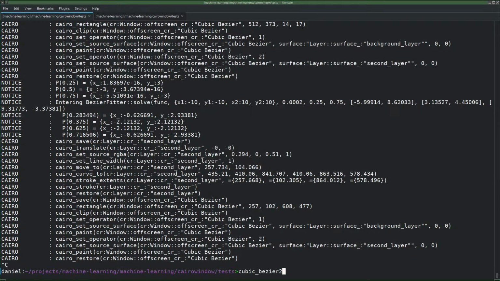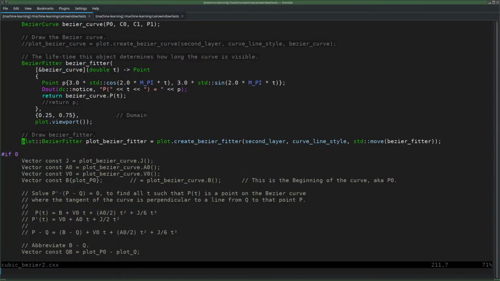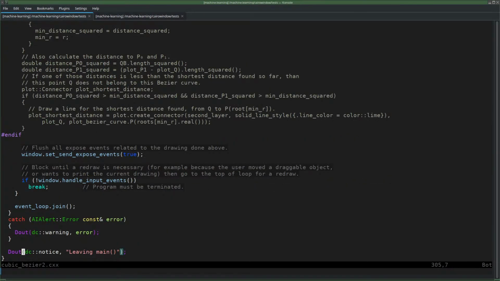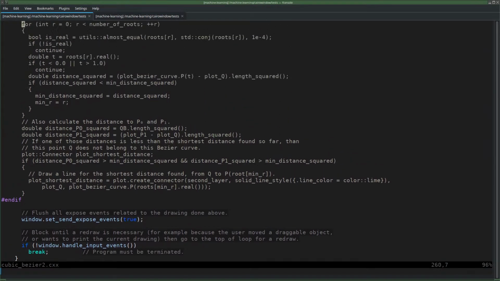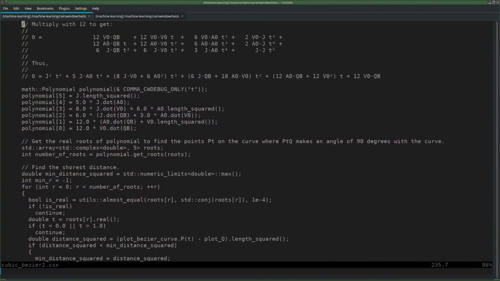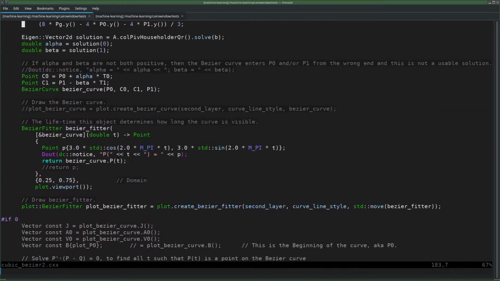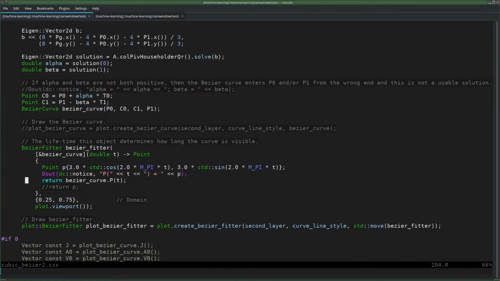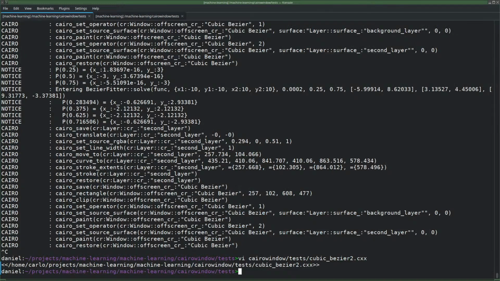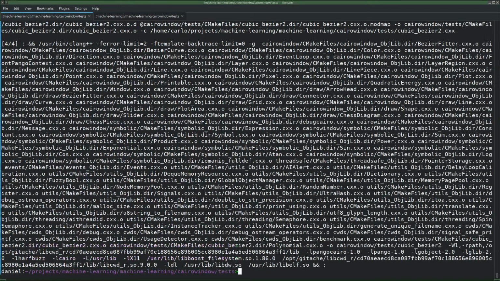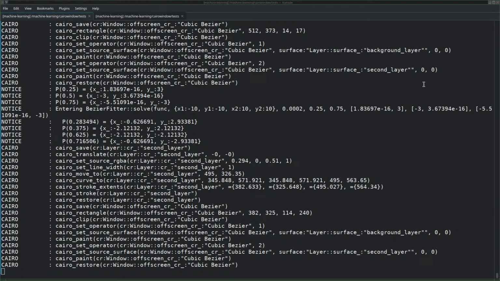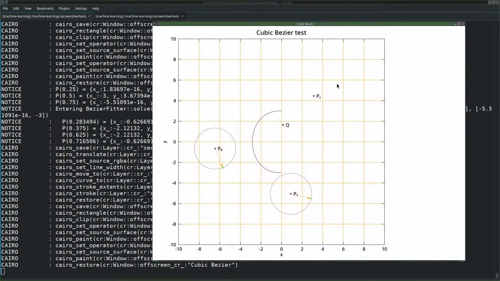No, not useful. Yes, now it works. Cool.